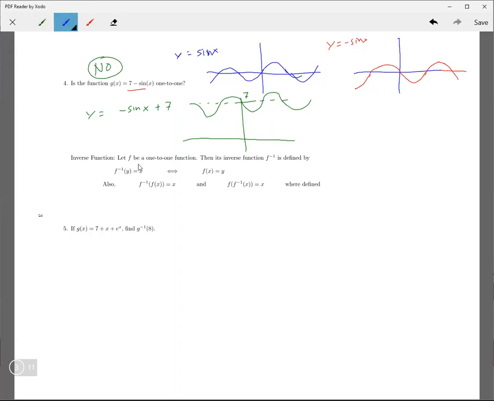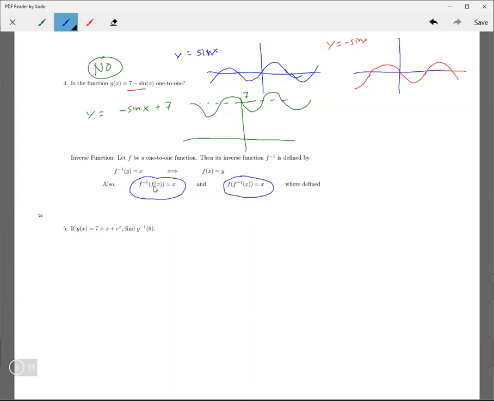So the inverse function, if f is one-to-one, then its inverse function, f inverse, is defined by this. f inverse of y equals x, if and only if f of x equals y. These are the two keys to how that works. If you start with the value x, you apply f to it, that gives you f of x.